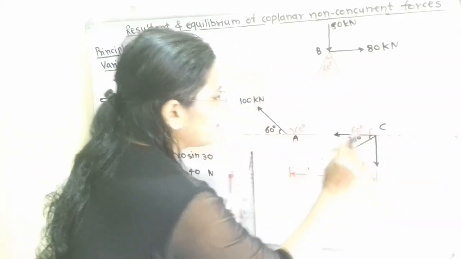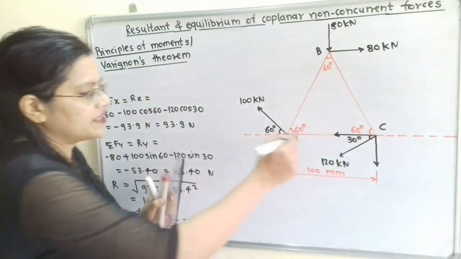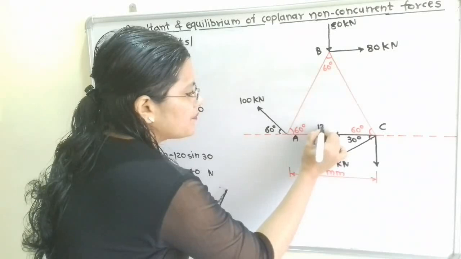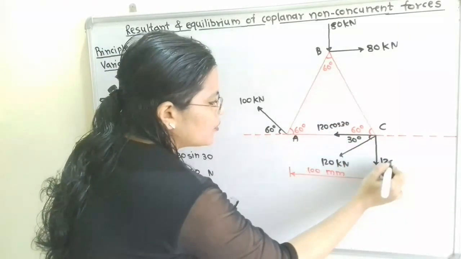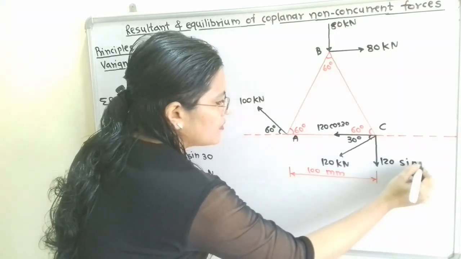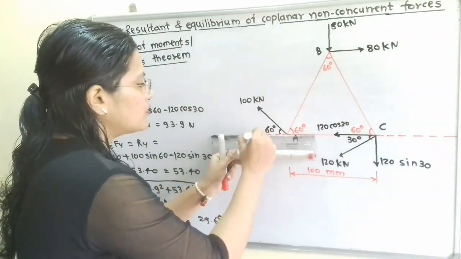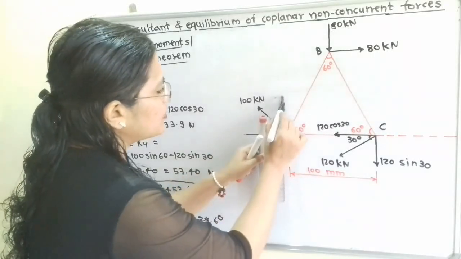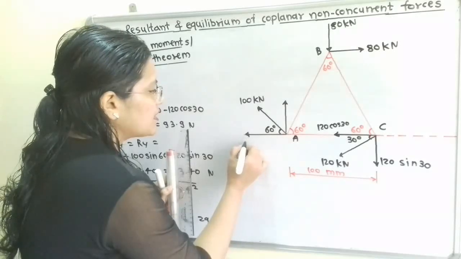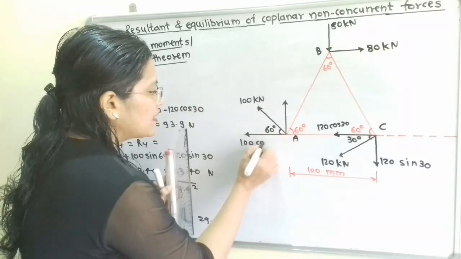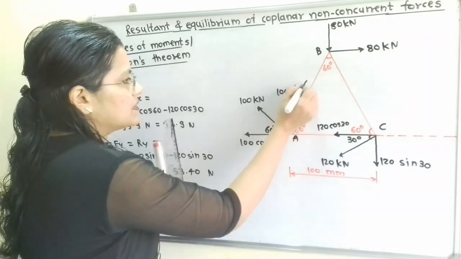The horizontal component is nearby to angle 30 degree, so 120 cos 30, and for the vertical component 120 sin 30. In the same way we will resolve the 100 kilonewton force. The horizontal component is nearby to angle 60, so 100 cos 60 and here 100 sin 60.